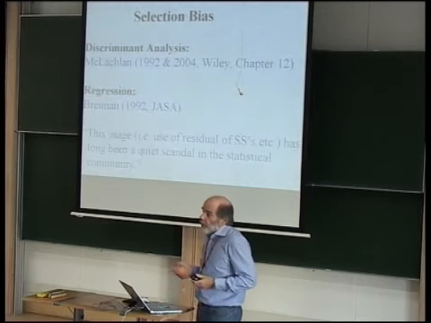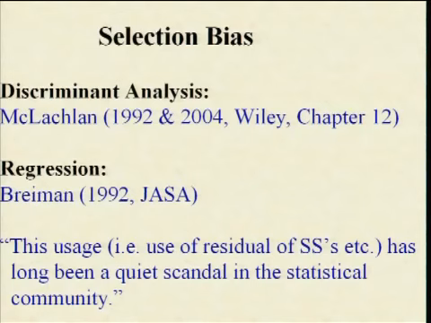Now, statisticians have known for years that there's a selection bias, and when I wrote my book a few years ago now, I had a section on it, surveying the results done many years ago. And Leo Breiman, the late Leo Breiman, wearing his machine learning cap, I think he liked to keep statisticians honest. He mentioned here that it's long been quite a scandal in the statistical community in this context.